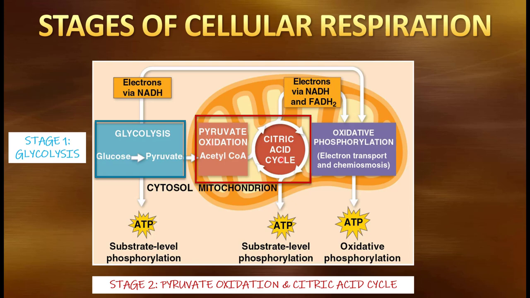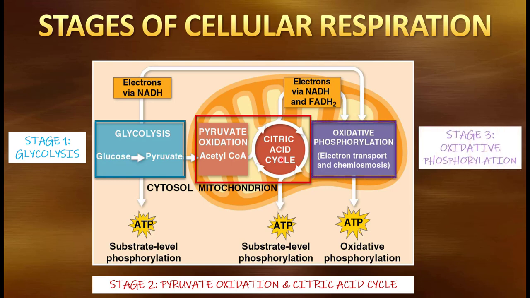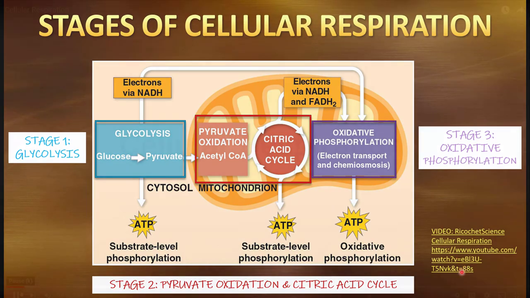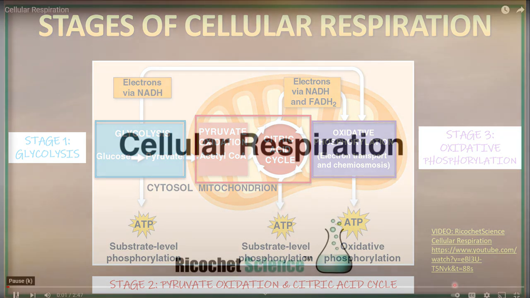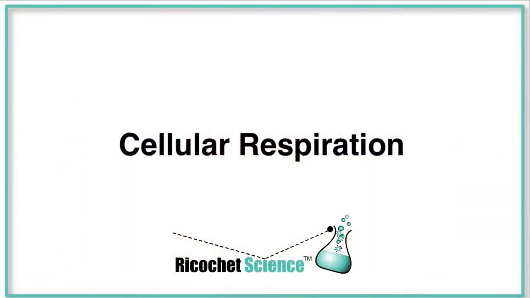So those are both considered stage 2. And then stage 3, we have oxidative phosphorylation. So we're going to take a look at each one of these stages independently. Let's first take a look at this video that gives us an overview of the stages of cellular respiration.